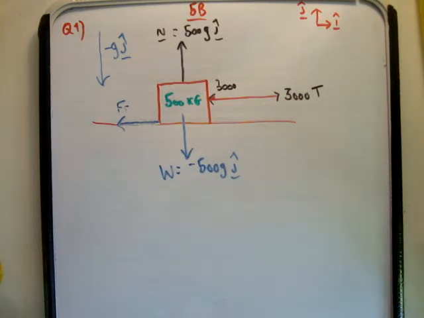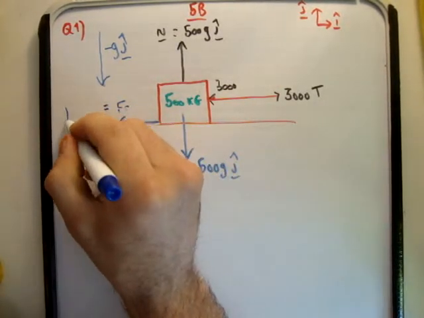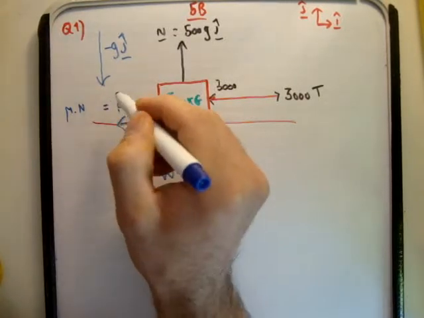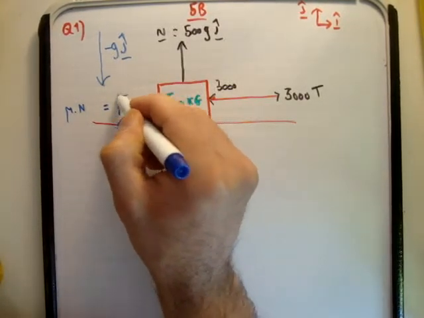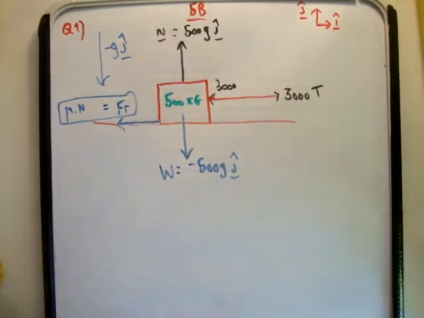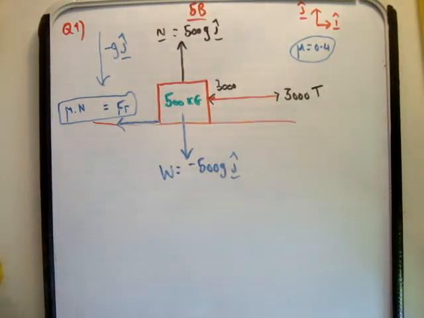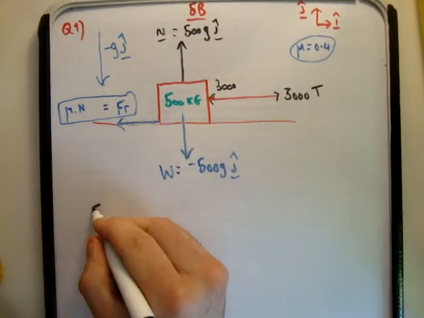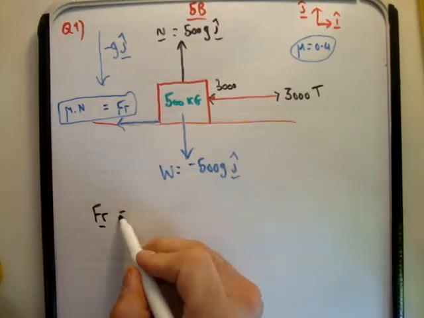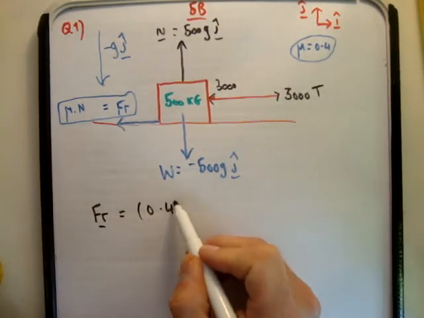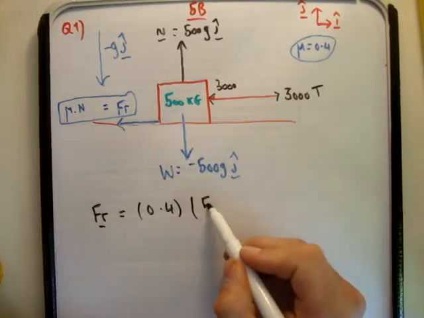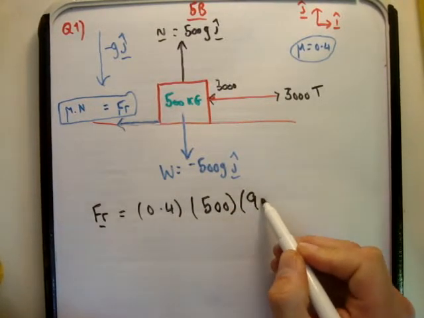Now the other thing we need to know, of course, is that the frictional force is equal to the coefficient of friction times the normal force. So that's a very important thing. And we know that mu is equal to 0.4. So let's work out what the frictional force is equal to. The frictional force is a vector, and that's going to be equal to 0.4 times the normal force, which is 500 times 9.81.